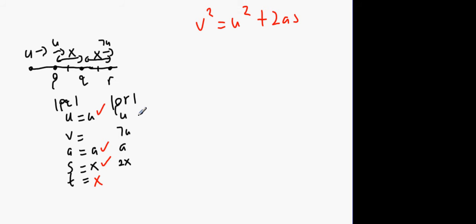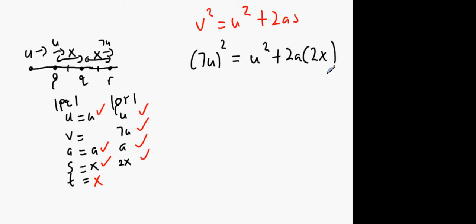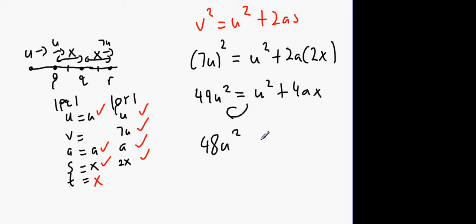For PR we have u, v, a and s. So we're just going to put all of them in. We get 7u squared equals u squared plus 2a multiplied by 2x. Square that out, and you get 49u squared equals u squared plus 4ax. This is going to come over to your side. It becomes 48u squared equals 4ax.